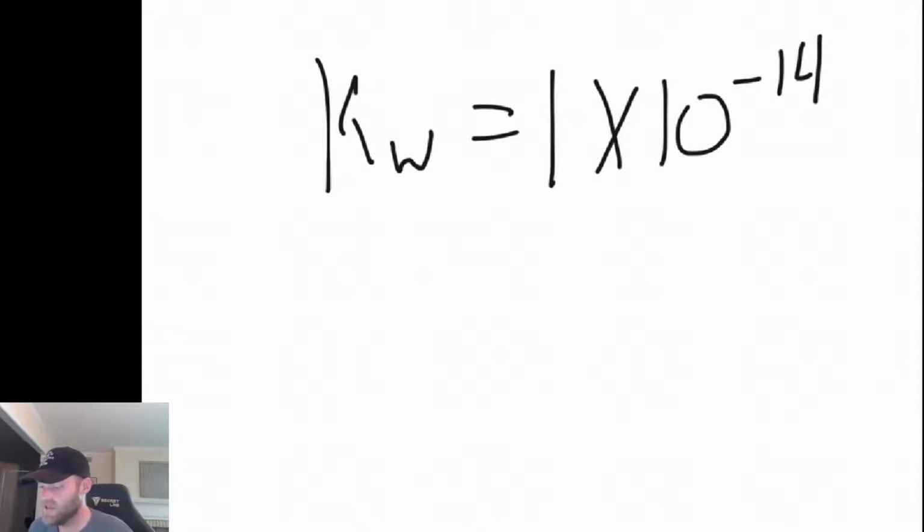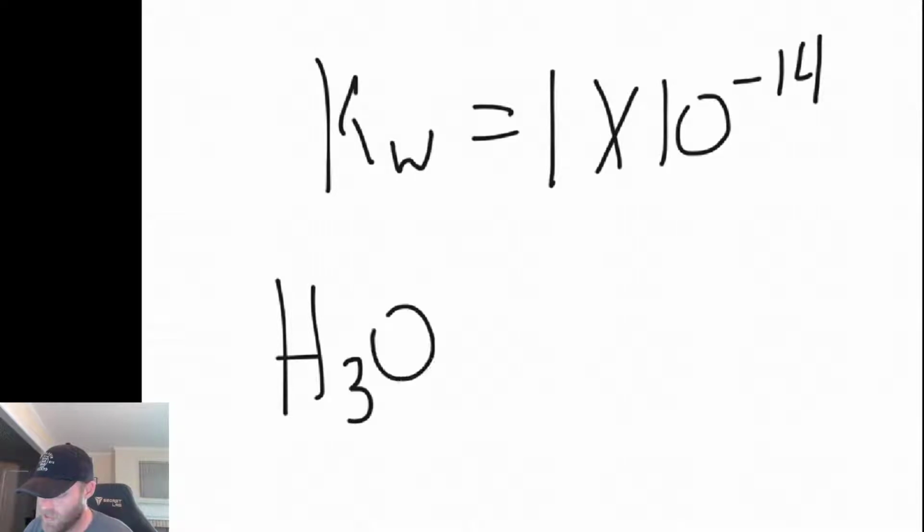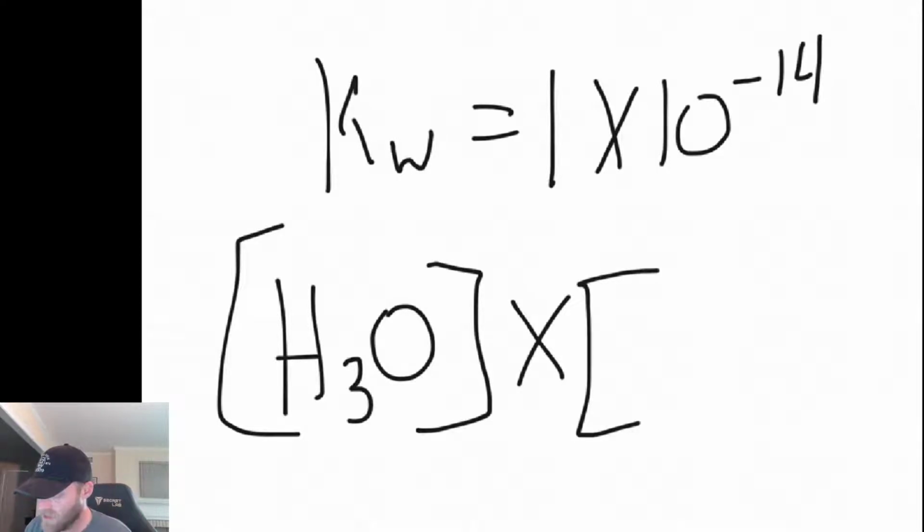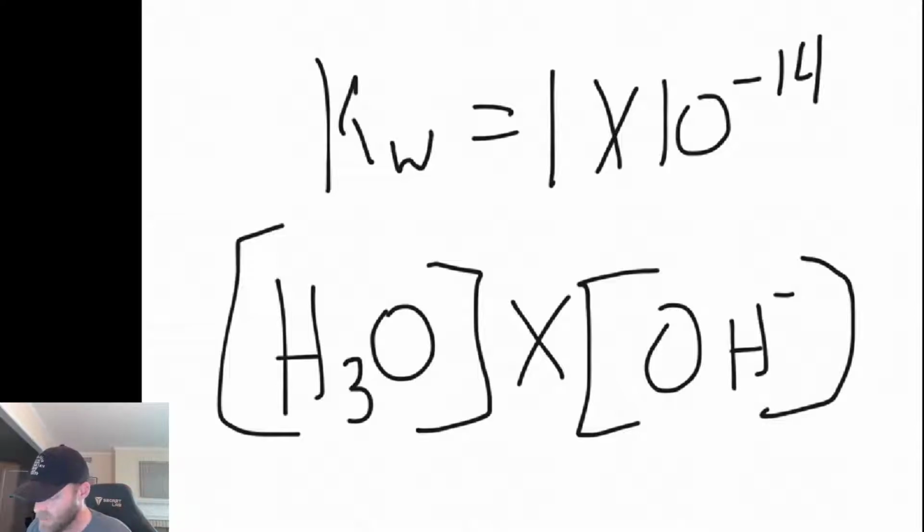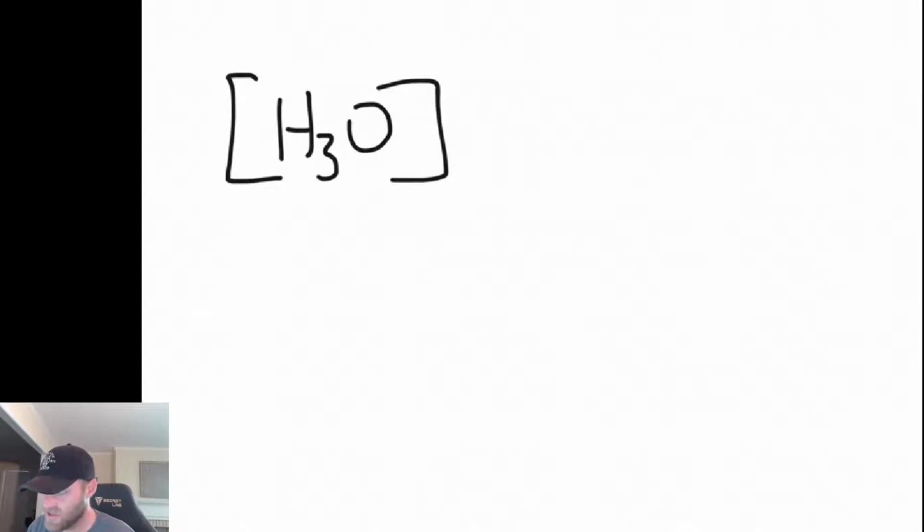If KW is equal to 1 times 10 to the negative 14, then the concentration of H3O plus times the concentration of OH minus equals KW. I wrote that too big. These little brackets just mean concentration, if you hadn't seen that yet.